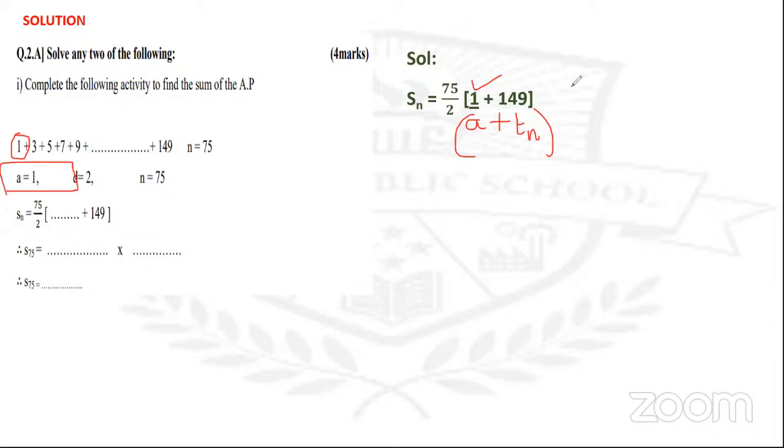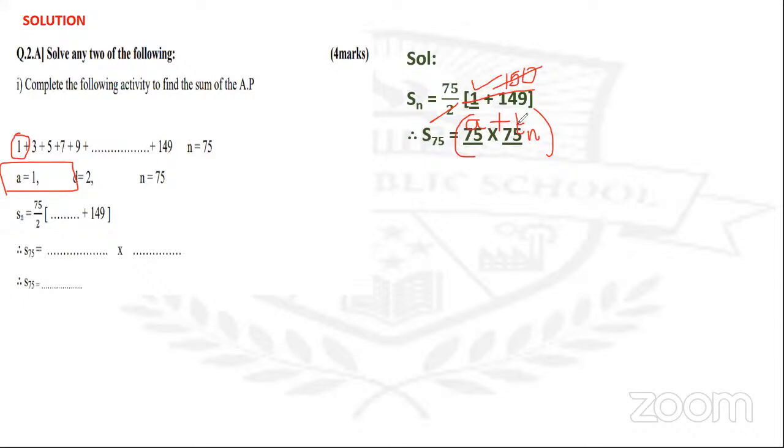Now after putting it as 1, what are you going to get in the next blank? It's 75 into 75. Now, from where did I get this? Check this 2 in the denominator, and 1 plus 149, which makes it 150. This 2 and 150 get cancelled.